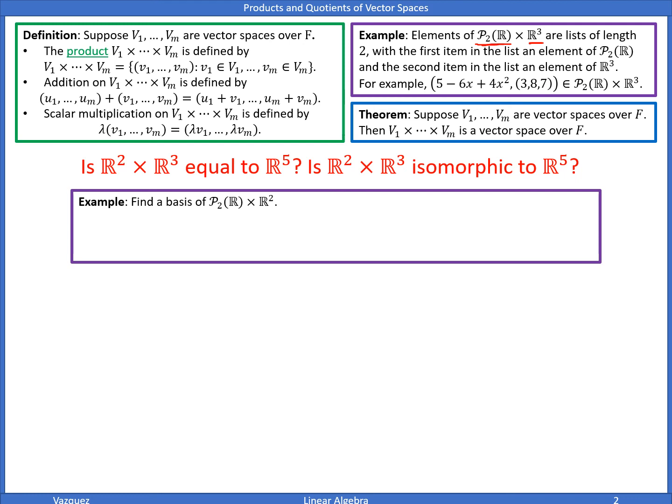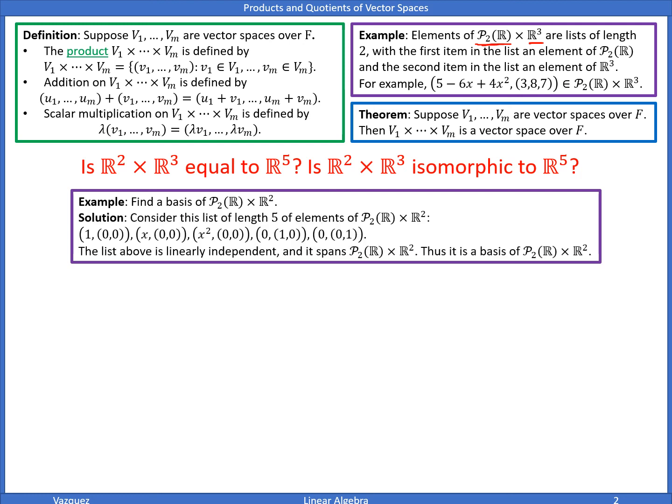But if we're asked to find a basis of this product space, what would you have to do? Consider this list of length 5. Notice how these 3 vectors form a basis for this space, the polynomials of at most degree 2. And in R2, this vector and this vector form a basis for R2.